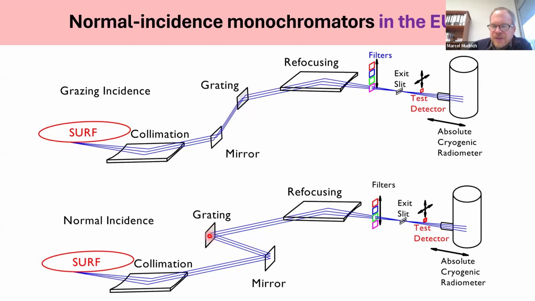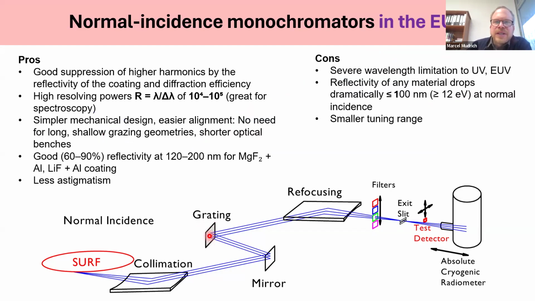But in the EUV, this is an option, and there are several advantages of using these normal incidence monochromators, namely the good suppression of higher harmonics, just because the efficiency of diffraction of higher photon energies drastically drops when the photon energy goes up above the EUV range.